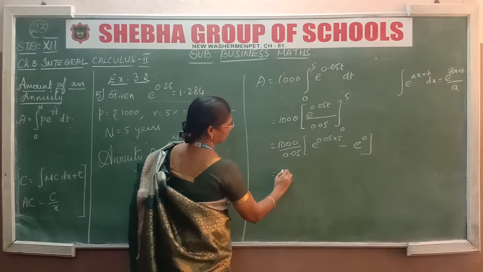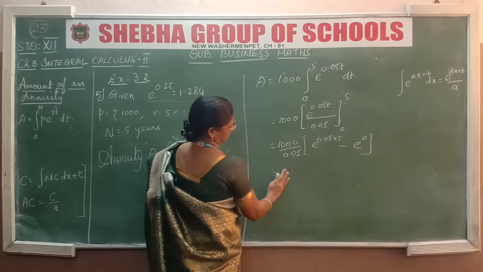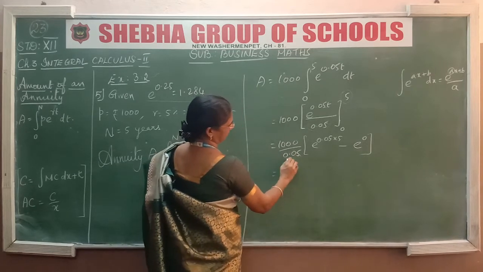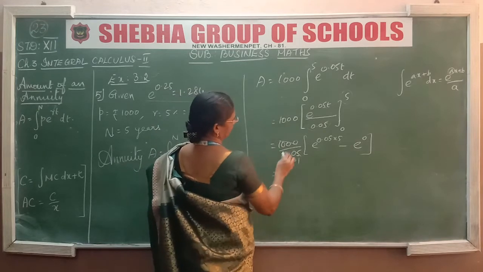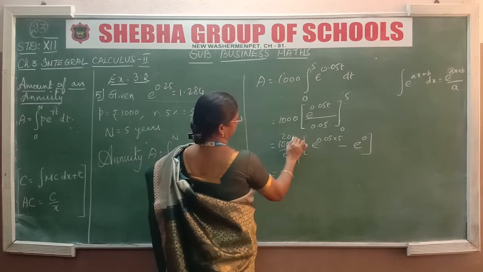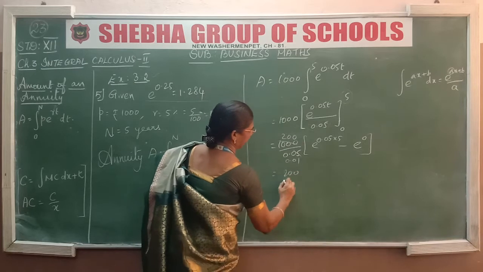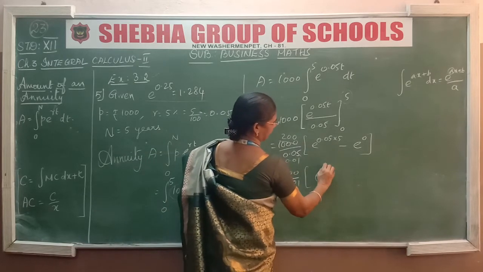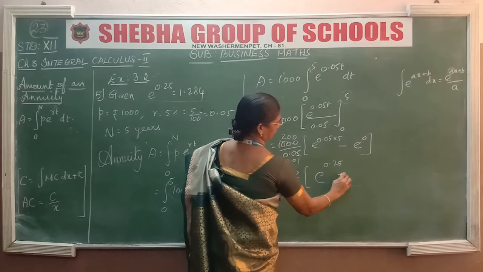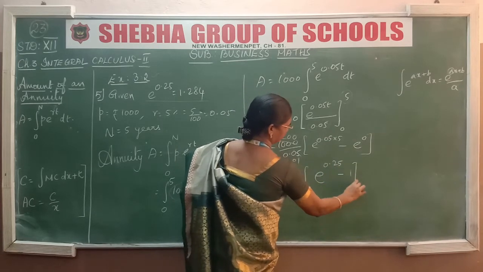This is equal to, striking by 5 table, 0.01 in the denominator, and in the numerator we get 200. So 200 by 0.01 into e power 0.25 minus e power 0, which becomes 1.